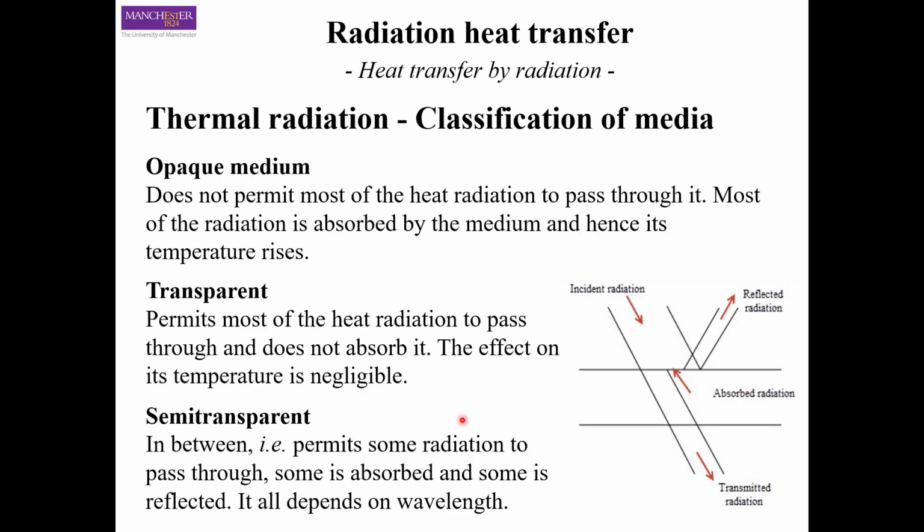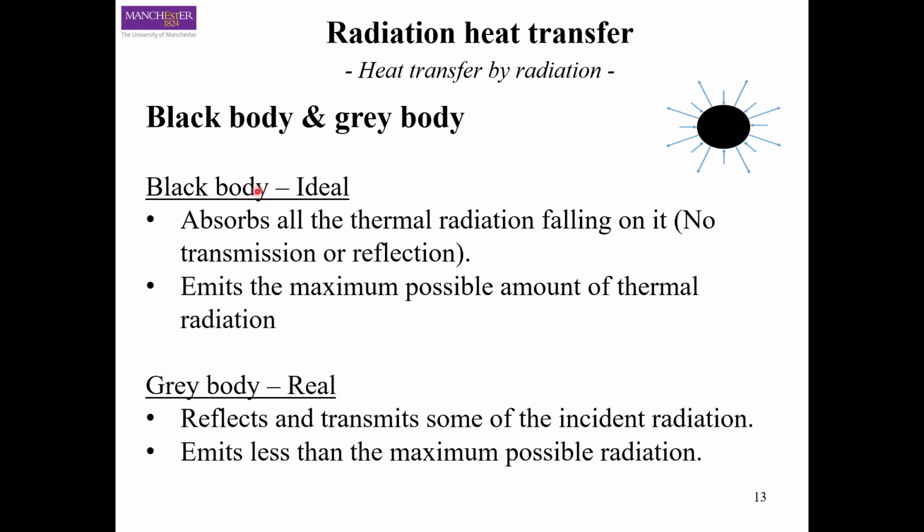Based on this classification of different materials, we can define our black body. A black body is an ideal body. The concept was developed just to generate a hypothetical model, so black bodies are hypothetical models and provide us the ideal conditions. According to that definition, a black body is an object that absorbs all the thermal radiation falling on it, so there is no transmission and no reflection.